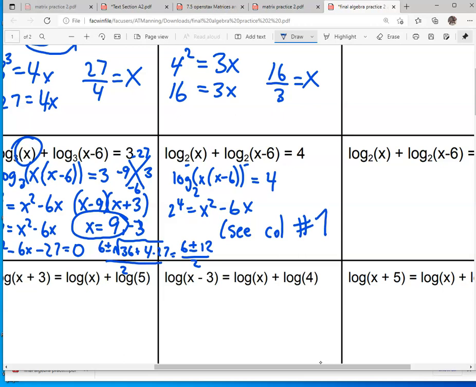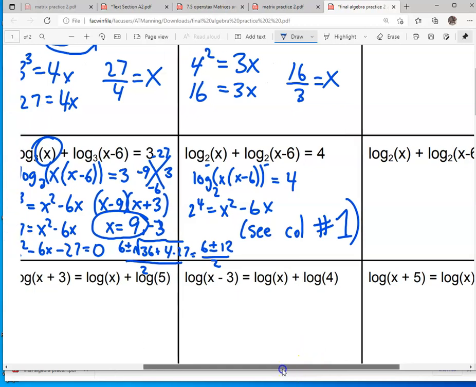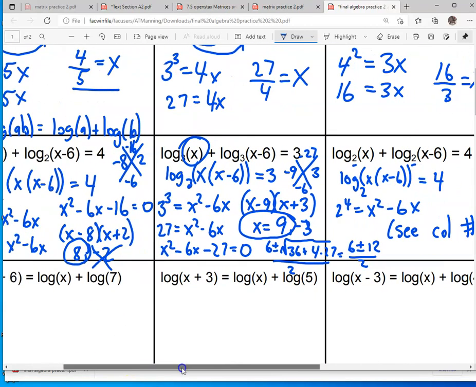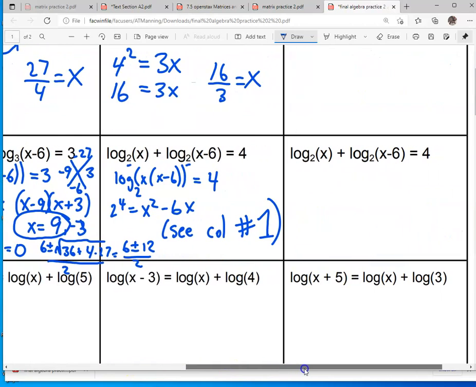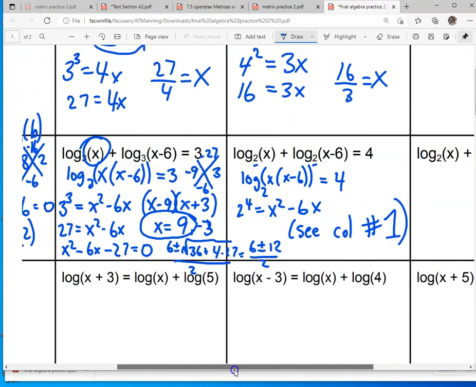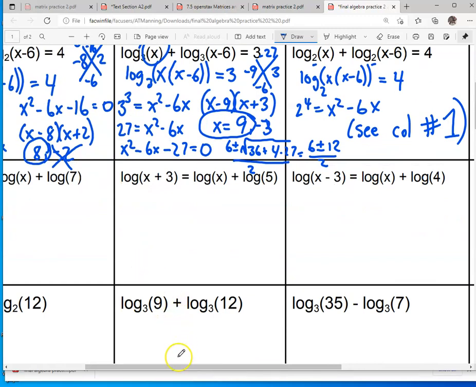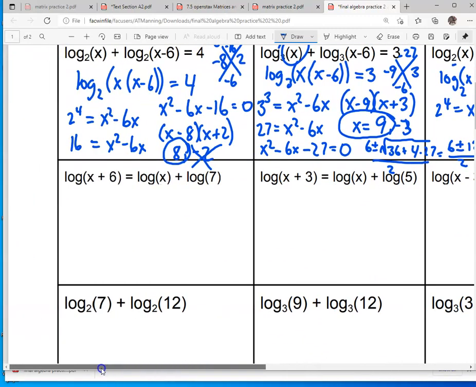Same problem, but we approach it the same way. That's how we solve that. So we'll come back to that one if we have more time to review, because the more you review, the better you'll do.